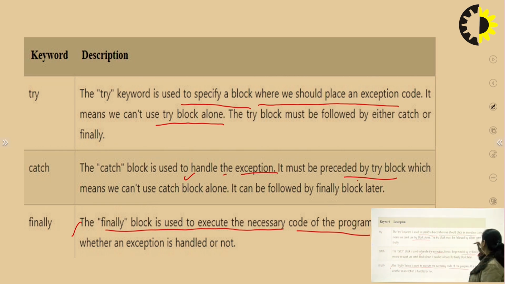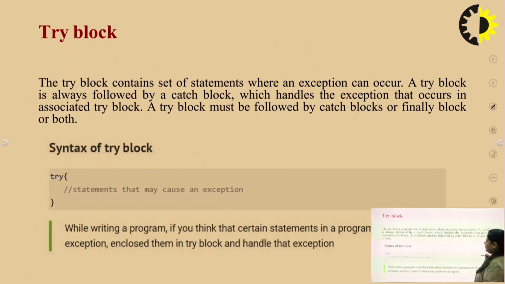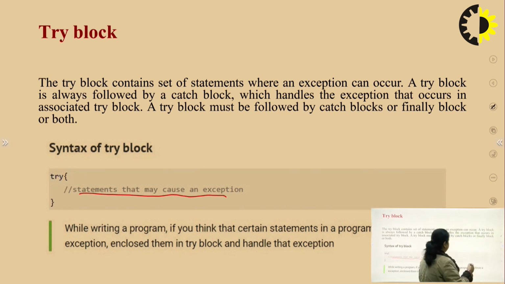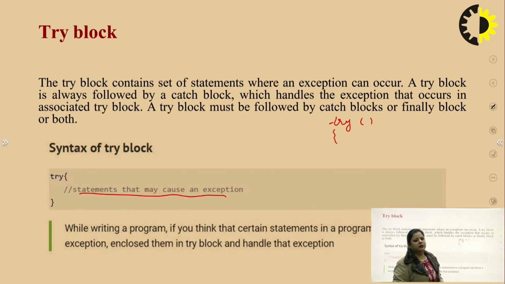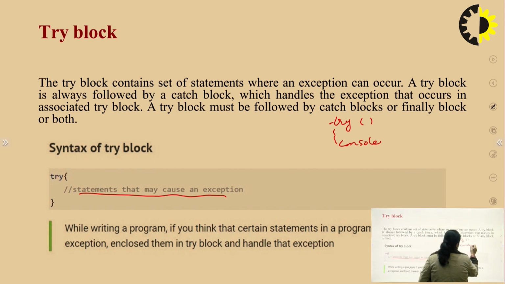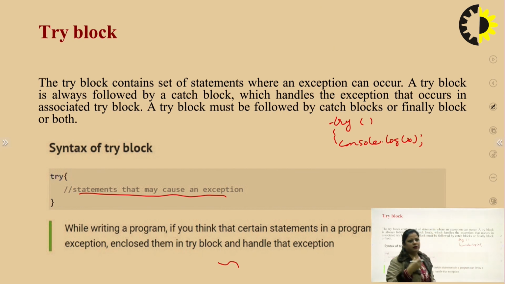I'm going to take one example of this. This is the syntax of a try block that may cause an exception. So there is the syntax of try. We can say console.log x, with x as a variable.